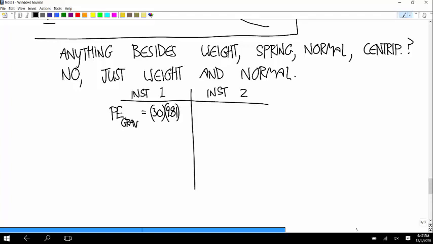Now we have to think about what it means to put the height into this. What's the height we're talking about? Are we talking about the height off the ground or the height from the center of the earth? It turns out that as long as you're consistent through the whole problem, you can choose anything to be your zero height. You just can't change it in the middle of the problem.